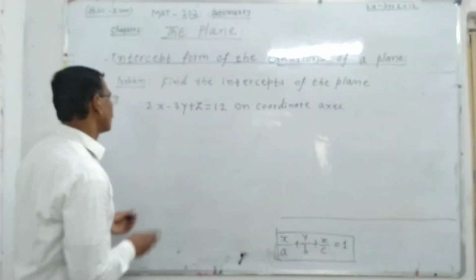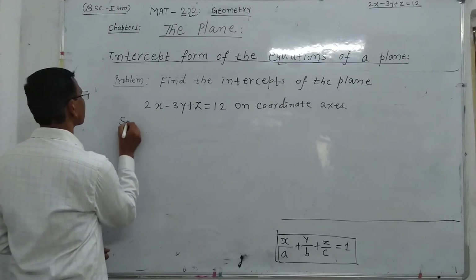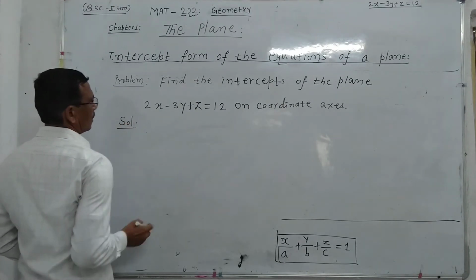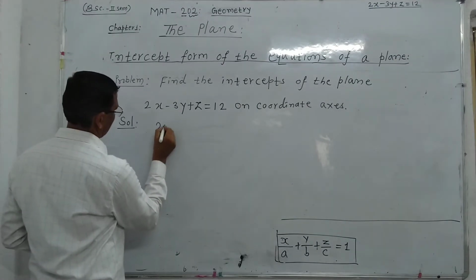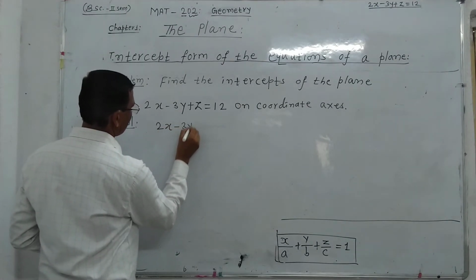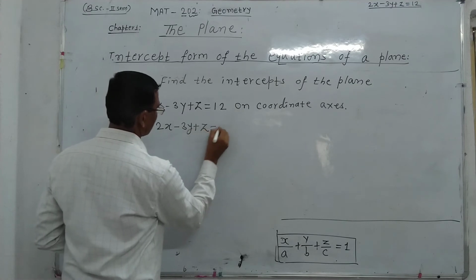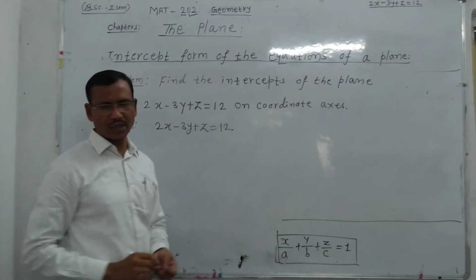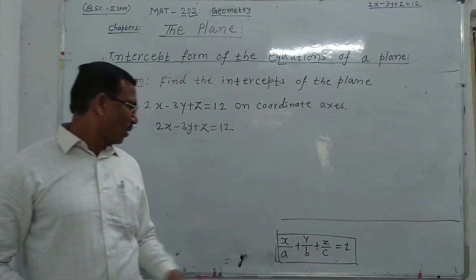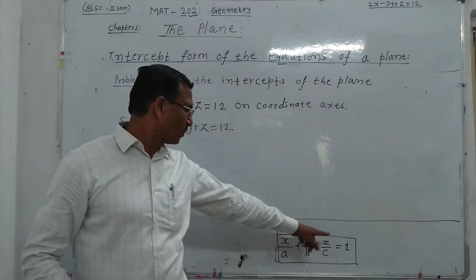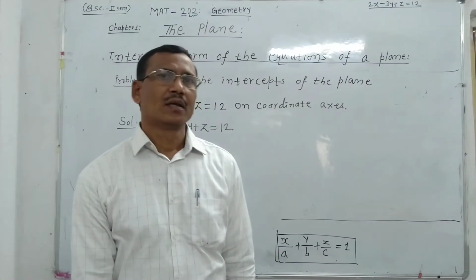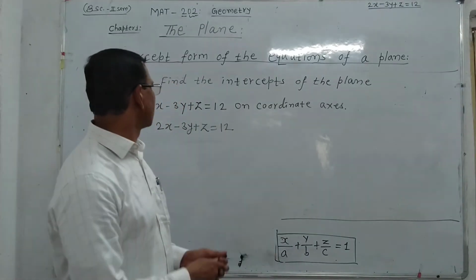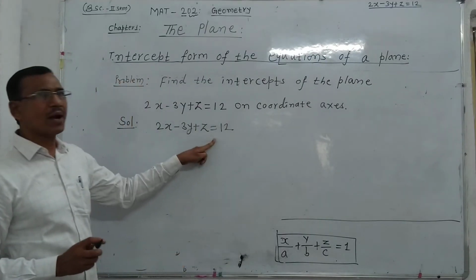Okay. Solution. The given plane is 2x minus 3y plus z is equal to 12. This is the given plane. Now we have to write it in this form, that means on the right side we require 1. To obtain 1 on the right side, we shall divide this equation by 12.